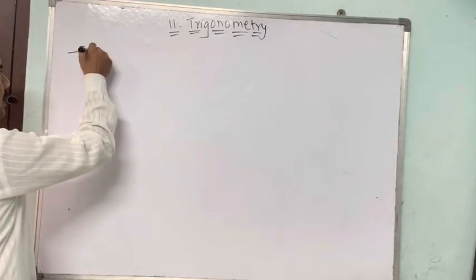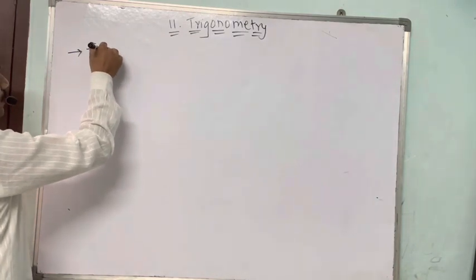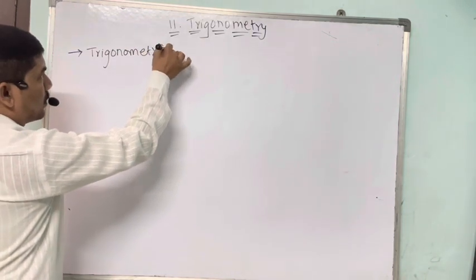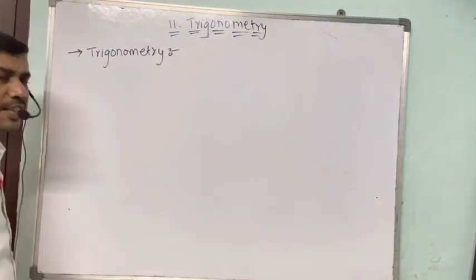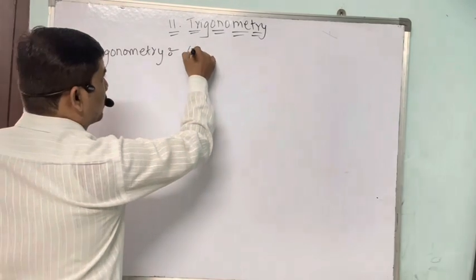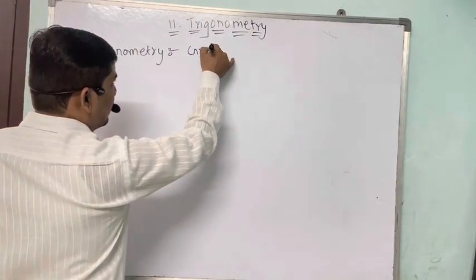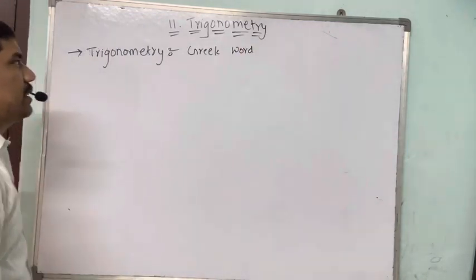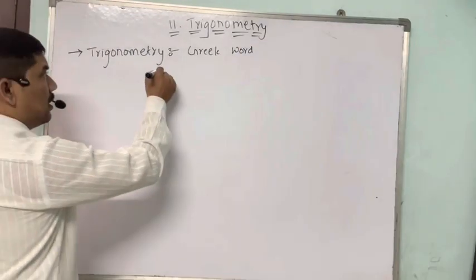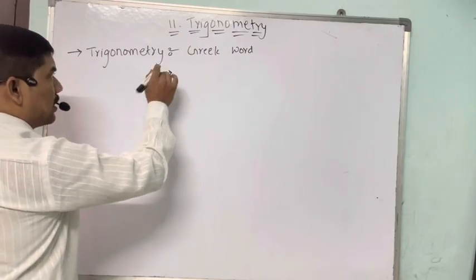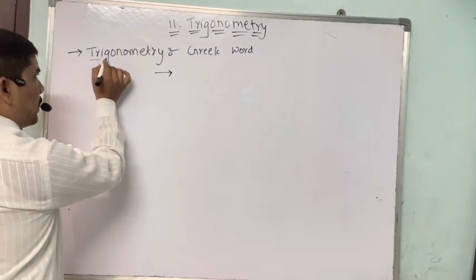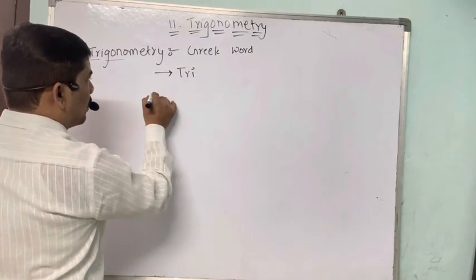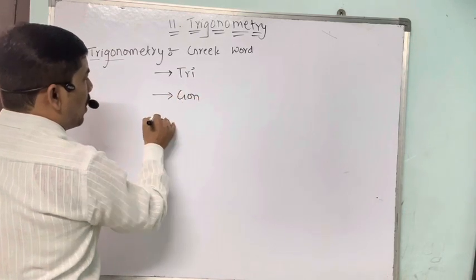First of all, what is meant by trigonometry? See, trigonometry is actually a Greek word. First we'll understand the meaning. Here, understand students, we can break this into 3 parts: tri, gon, metron.